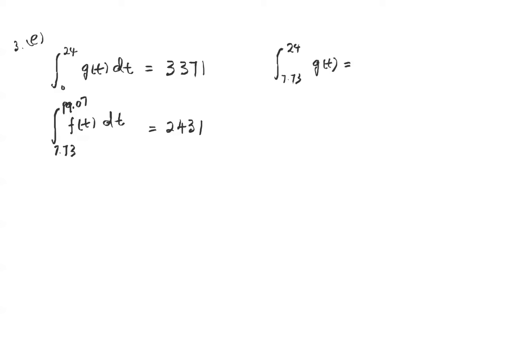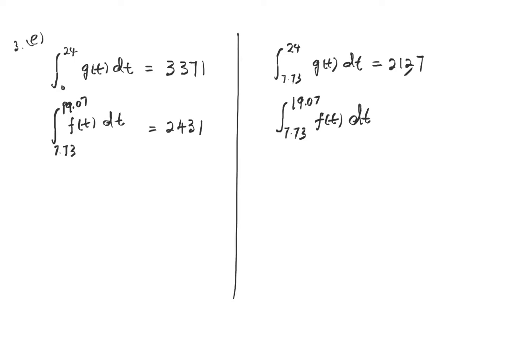Okay, what is the answer? 2137. Then when I integrate from 7.73 to 19.07, f(t) dt, so it's 2 different situations. This one I make an assumption. This one you don't make an assumption. So you can tell me that based on this, there's not enough energy for the day.